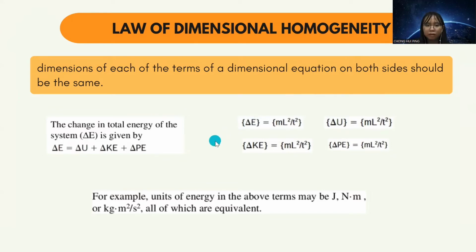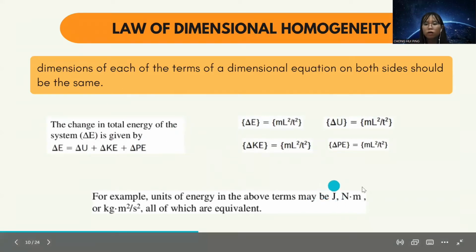For example, the change in total energy of the system, delta E, is given by delta E equals delta U plus delta kinetic energy plus delta potential energy. All of these have the same unit, which is J, joule, or Nm, or kg m squared per s squared, meaning that all of these are equivalent.